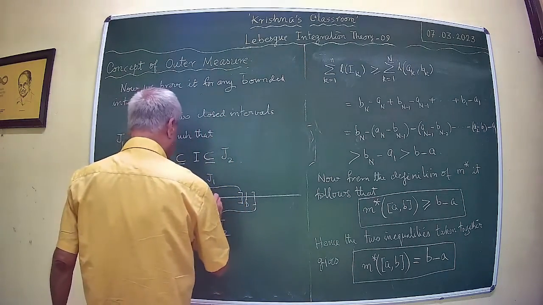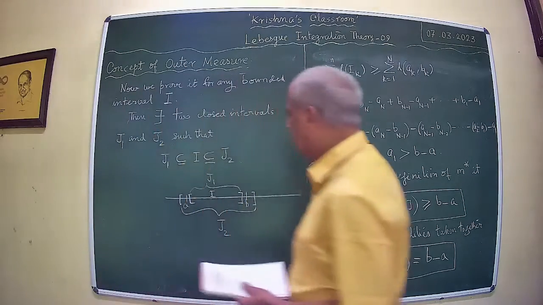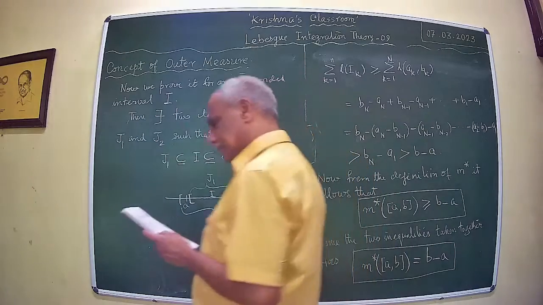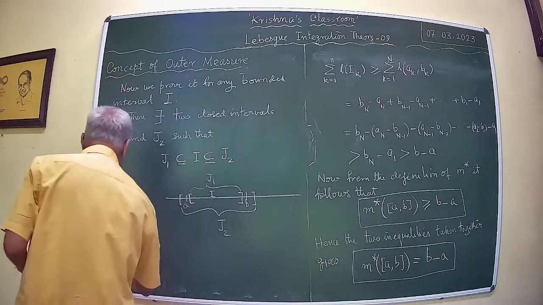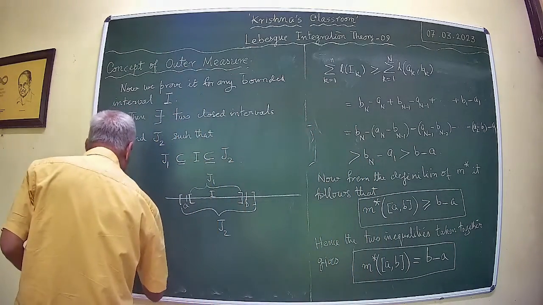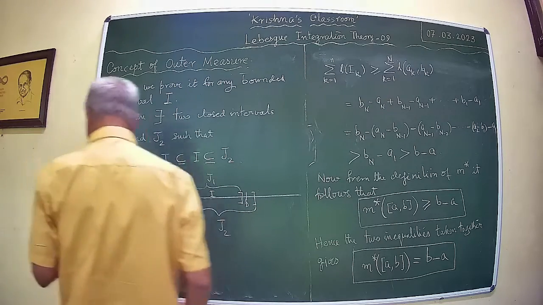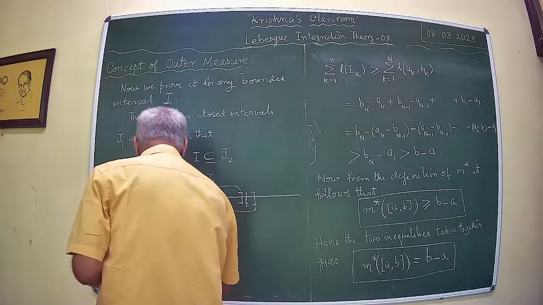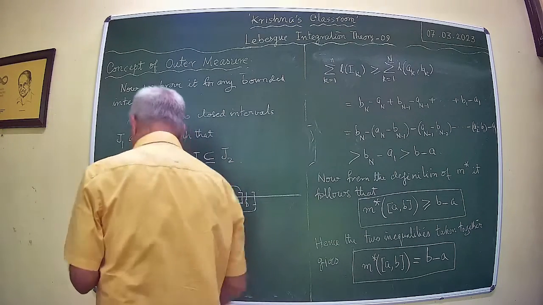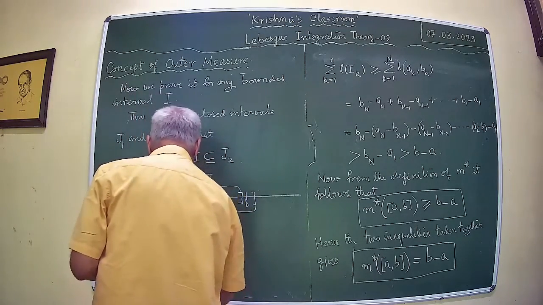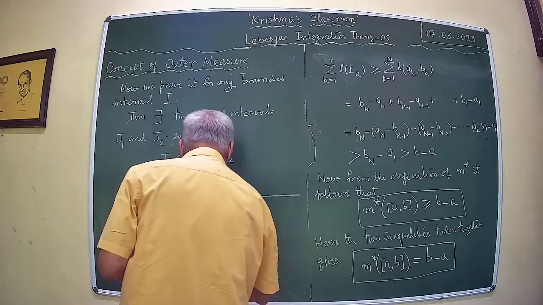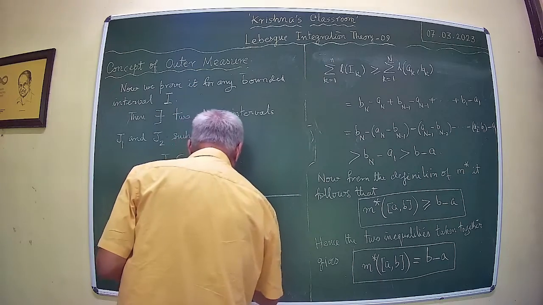This is your I. So I is squeezed between J1 and J2 such that what is that you ask for? The length of I minus epsilon is less than the length of J2.